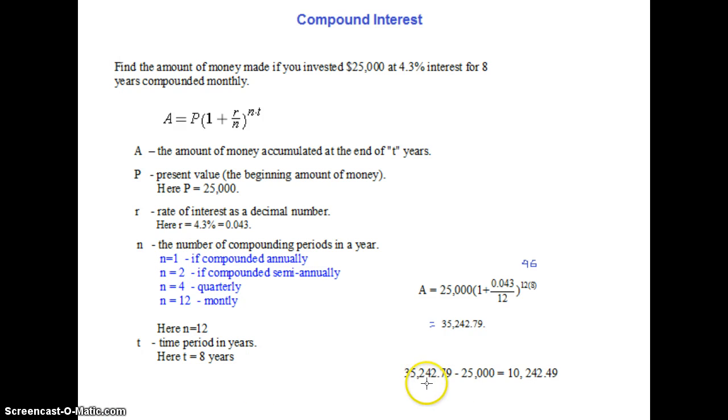The interest earned for this period will be $35,242.79, the future value, minus the present value, $25,000, the beginning amount of money. And the result is $10,242.49.